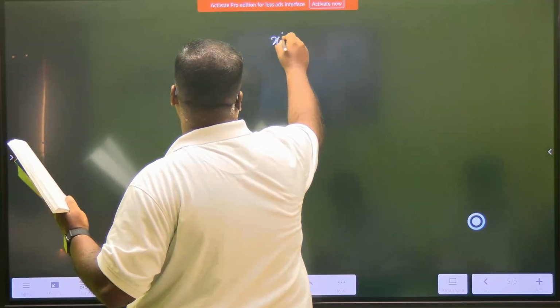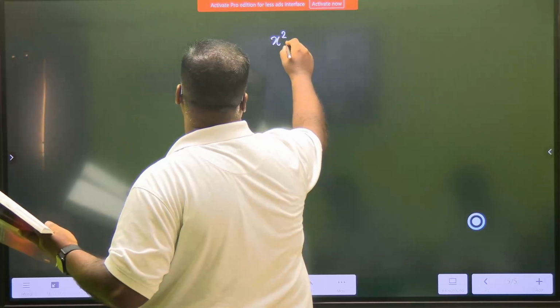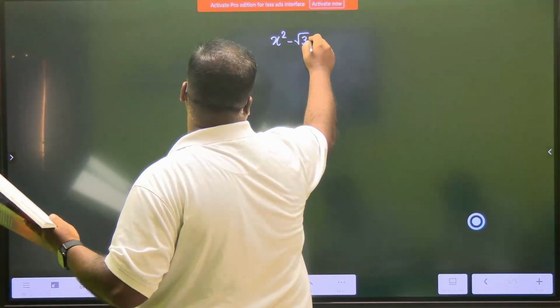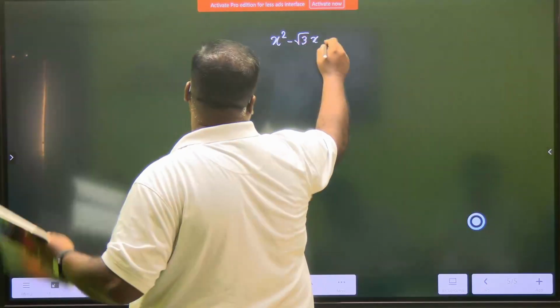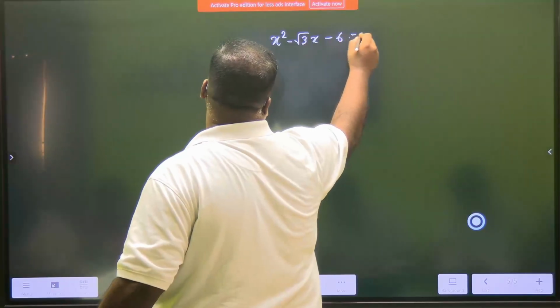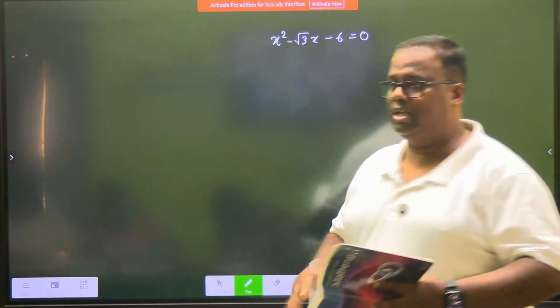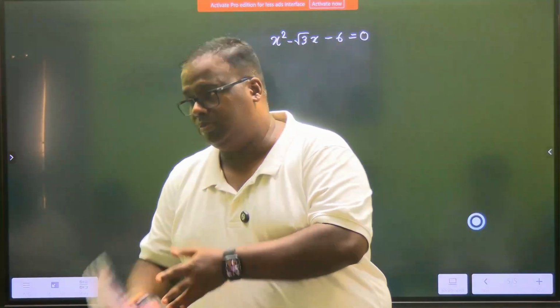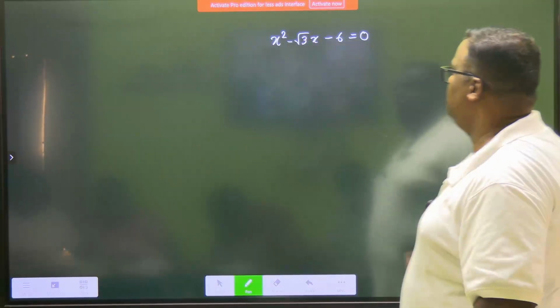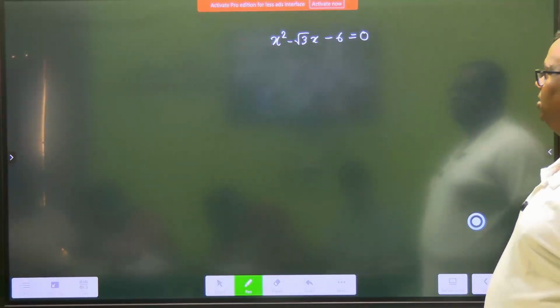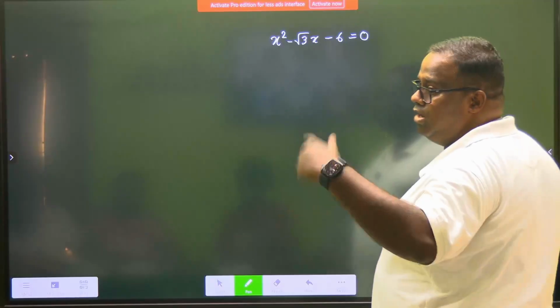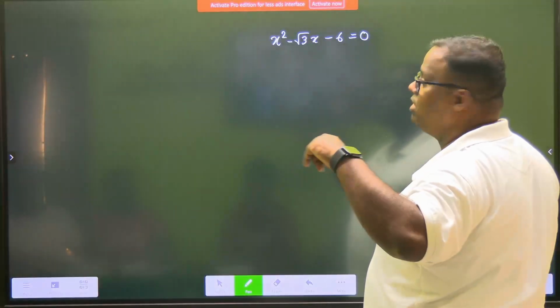X square minus root 3x minus 6. It was factorization. I have made it a quadratic equation, correct? To solve this, there is a little trick. We have to pay attention here. What is the value of A? 1. What is the value of C? Negative 6.